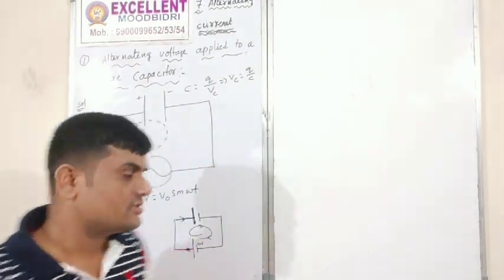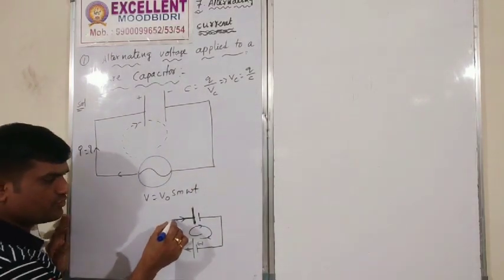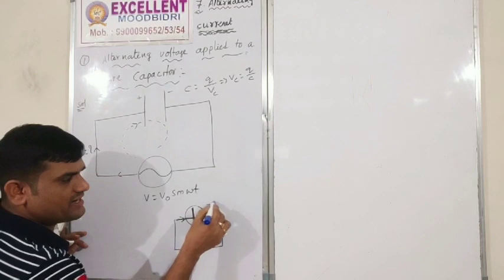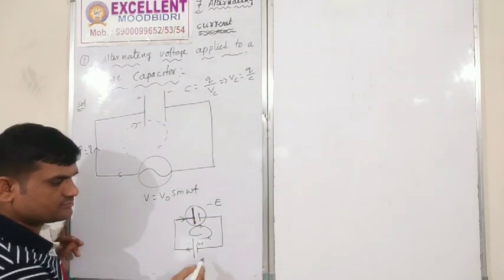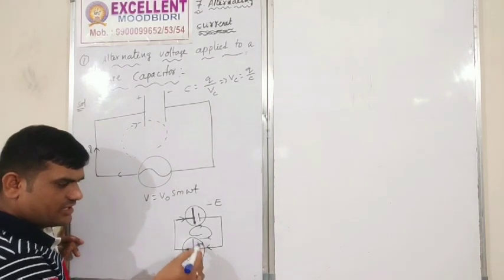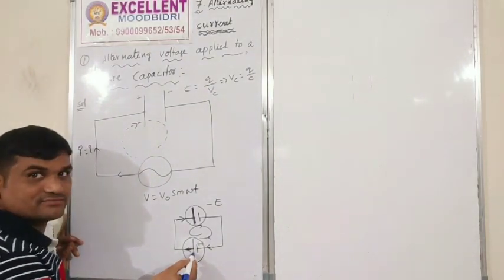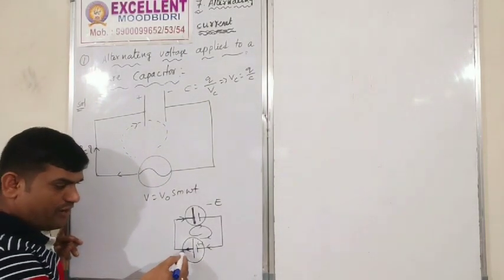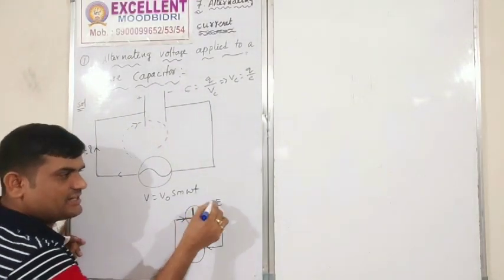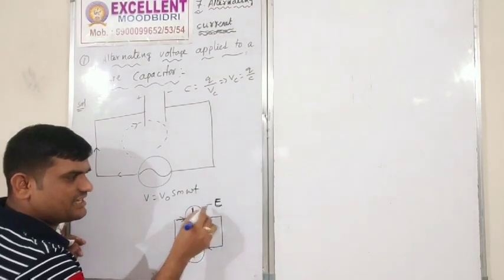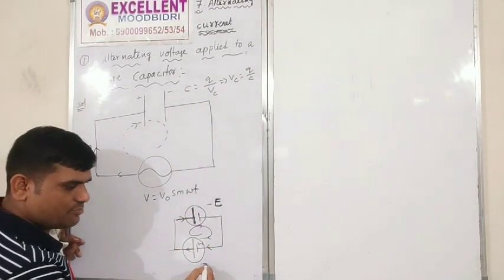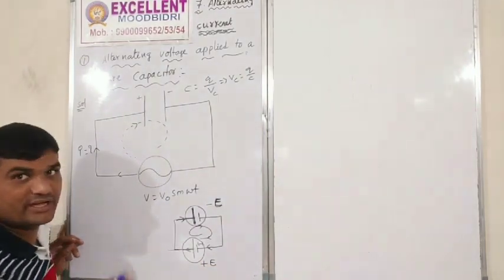Remember everybody, the current is moving in this direction, so this EMF we will consider as negative. Entering into the battery we consider negative; leaving from the battery in this direction is the positive EMF.